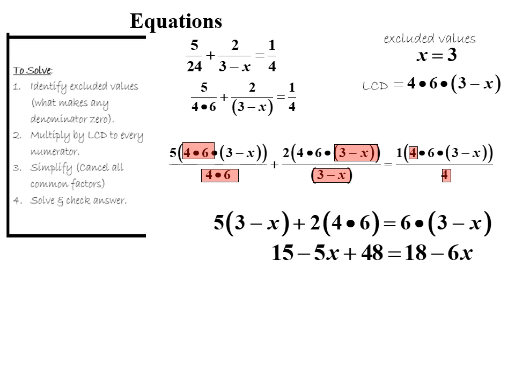Get the x's on the same side, so I'm going to add 6x to both sides. 15 and 48, 48 and 10 is 58, plus 5 more is 63. Subtract 63 from both sides. 18 minus 63 is negative 45. Negative 5x plus 6x is 1x. And so our solution is x equals negative 45.